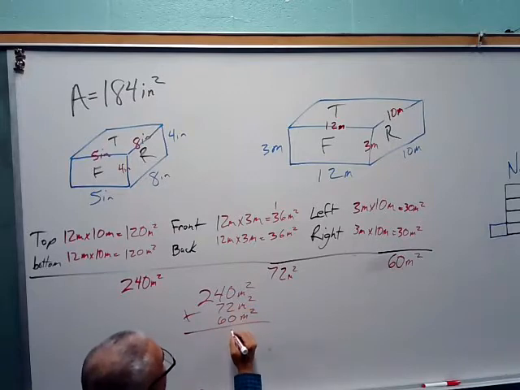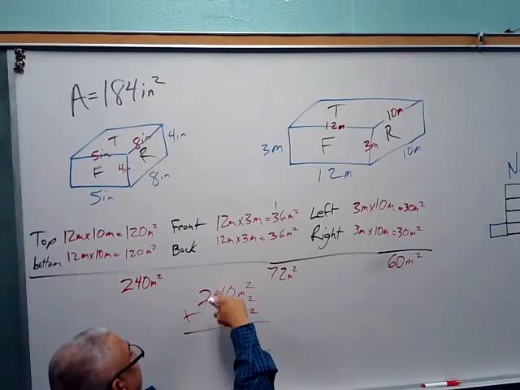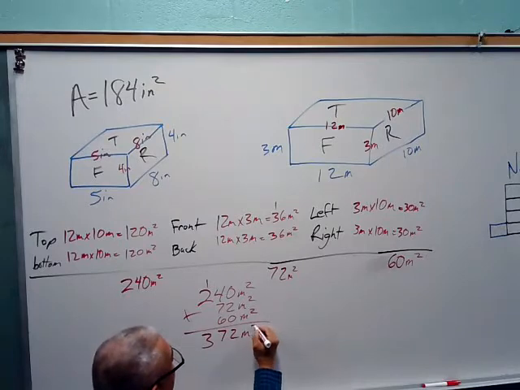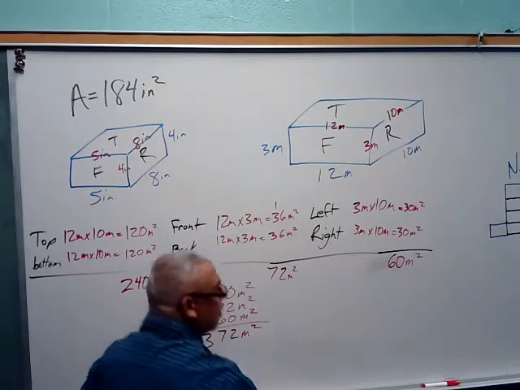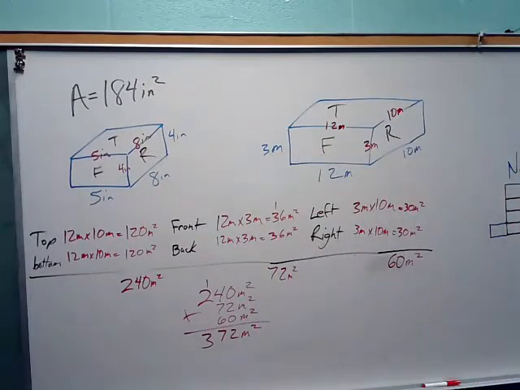Add these up, that's a 2. So, 6 and 4 is 10 plus 7 is 17. Put down the 7, carry the 1. 372 m to the itty bitty 2. And you are done.